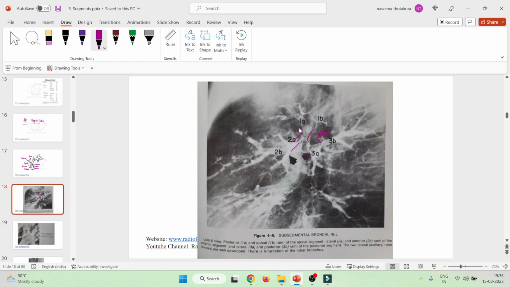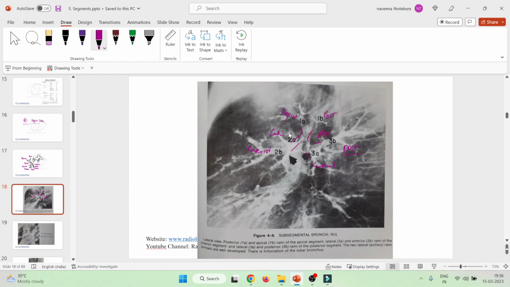If you see, the apical segmental bronchus is again divided into posterior rami and apical rami of the apical segment. Similarly, here we have 2A, which is lateral, and 2B, which is anterior rami of the anterior segment. 3A is again lateral and 3B is posterior rami of the posterior segment.